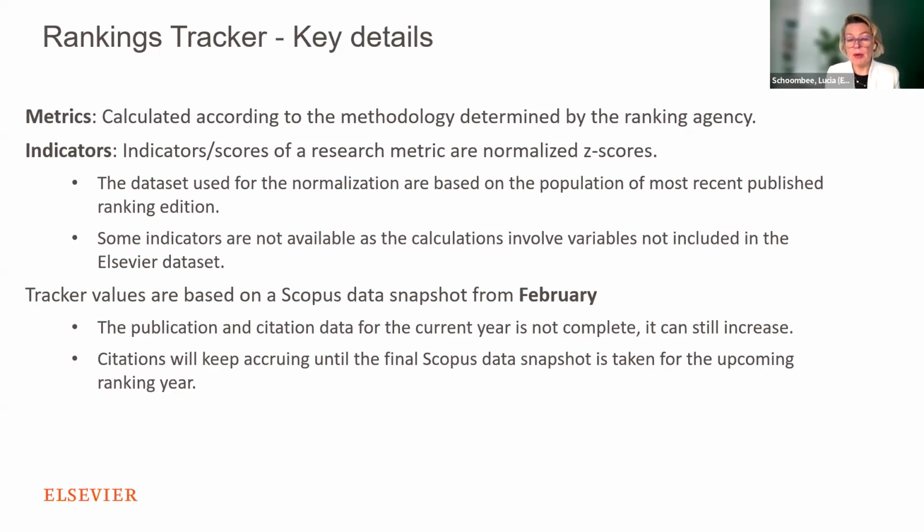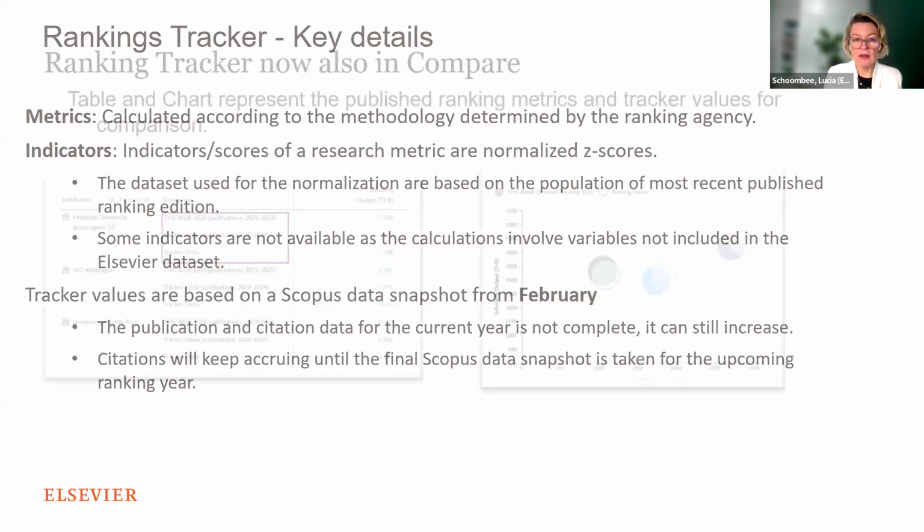But keep in mind that the February tracker information is not final. It's still going to increase up to the next data snapshot that will be taken. Right, so that's about the ranking tracker.